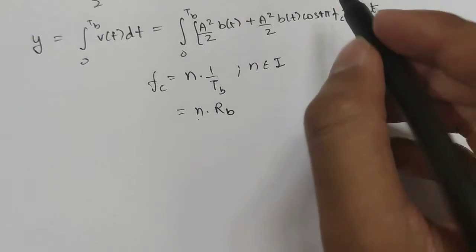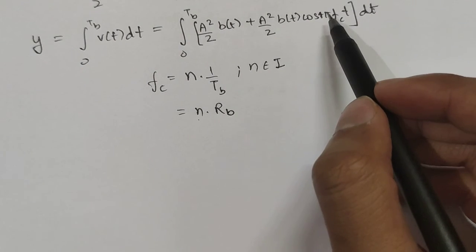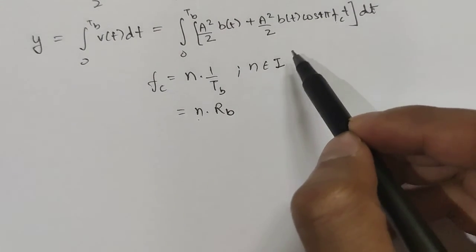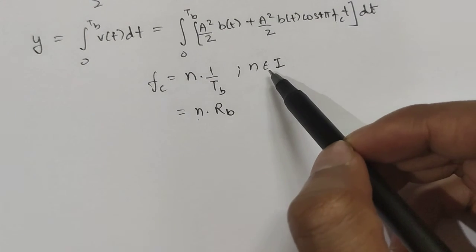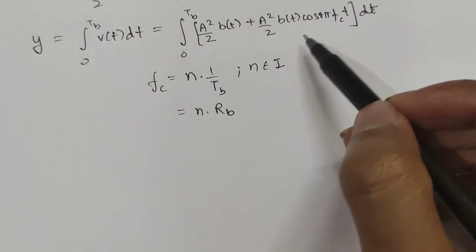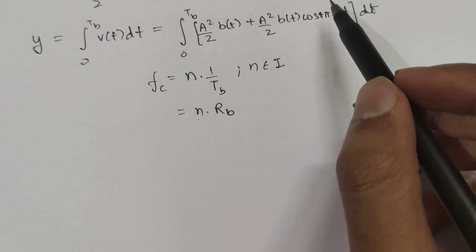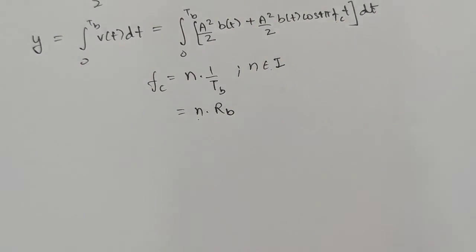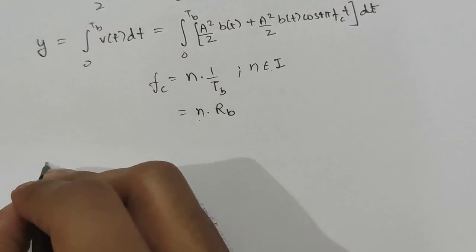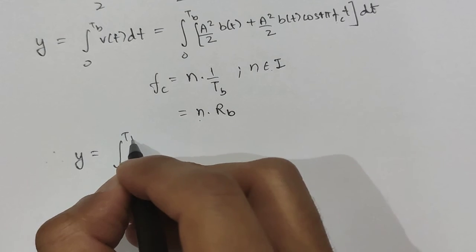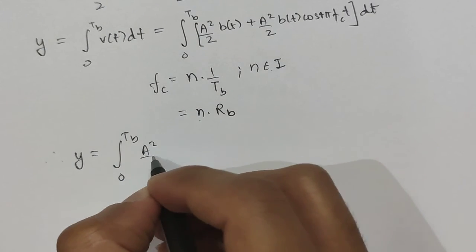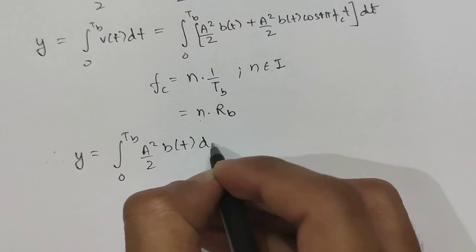Now the cosine term is an integral multiple of 2 pi over the interval, so this part will become 0, as the integral of cosine over integer cycles is 0. Therefore we are left with only this part, that is the integral from 0 to Tb of A squared by 2 b of t dt.